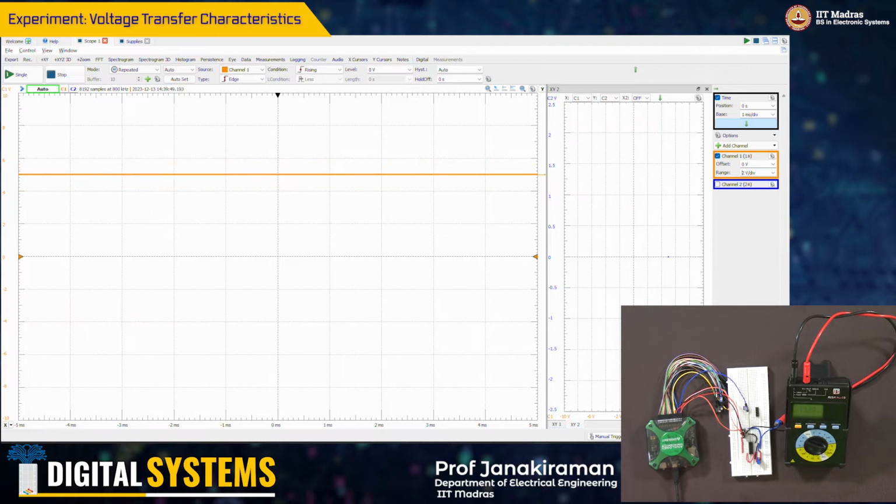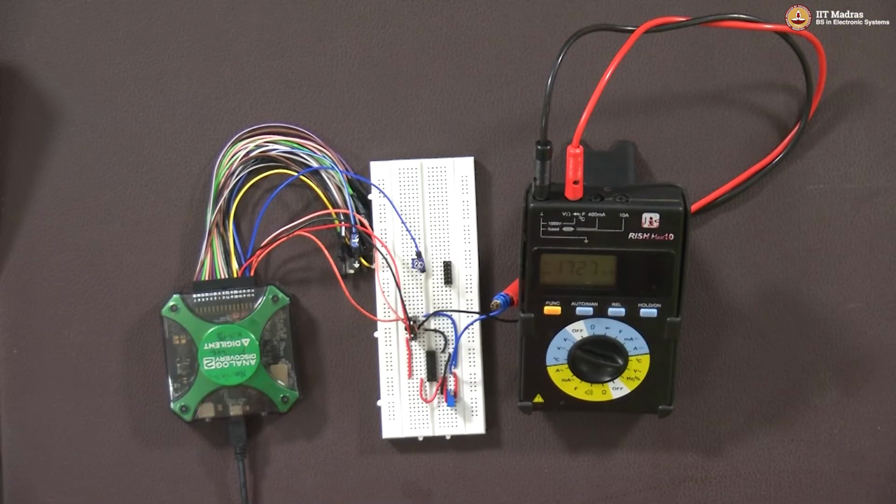It is exactly halfway between 4 and 6, and therefore you basically are reading a value of 5 volts. Okay. So now the idea is for us to go ahead and start varying this voltage, from somewhere close to 0 all the way to 5 volts.